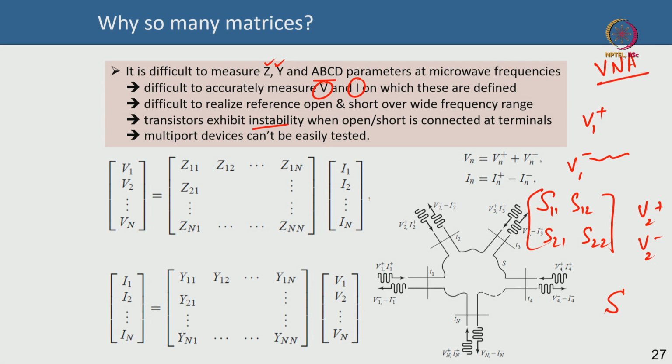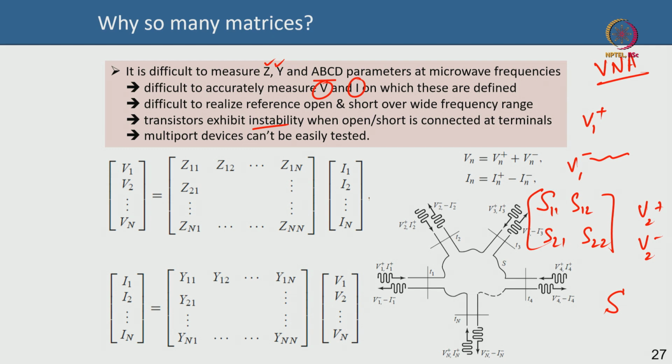And a vector network analyzer does precisely that. Basically, when you want to measure a parameter, say S11 or S21, etc., you do not have to keep another terminal open or short. What you do is match the other port. So, you have a transistor, you have 2 ports, there is an input port and an output port. You want to measure S11, for instance; you do not have to keep the output port open or short, you have to match the output port.